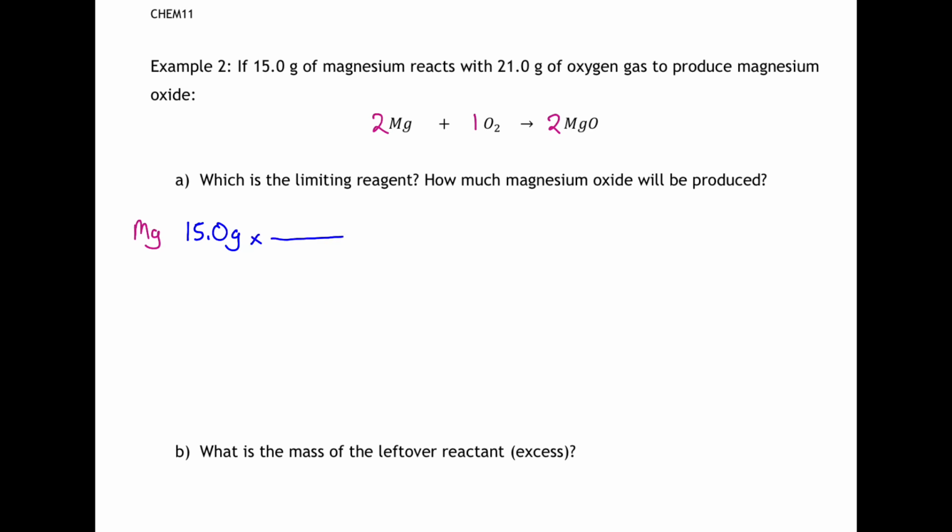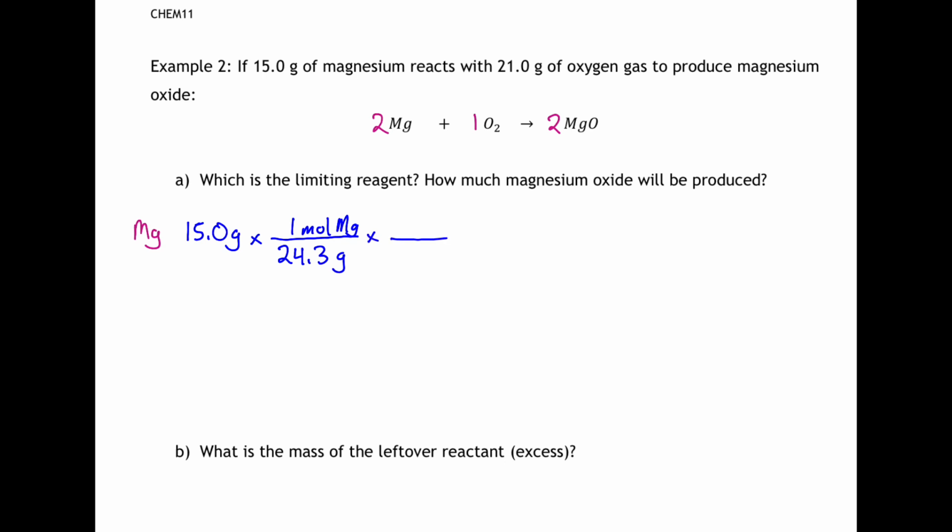We're going to look at our periodic table to figure out what a magnesium weighs. I think a magnesium weighs 24.3. Do we agree? Those of you that checked? All right.